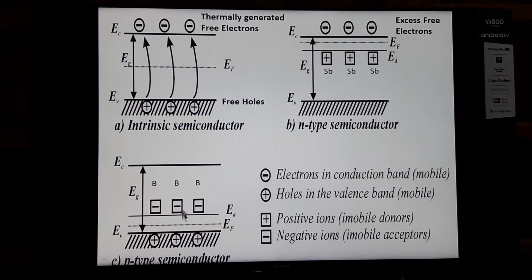And in the case of the P-type semiconductor with a dopant atom like boron, we get some free holes in the valence band, and as a result the Fermi level lies just above the valence band energy level.